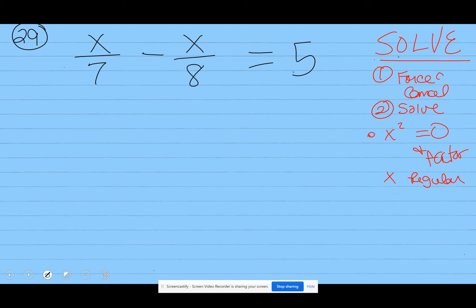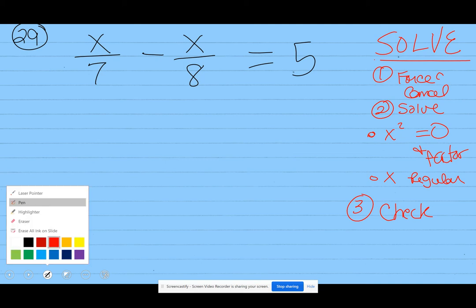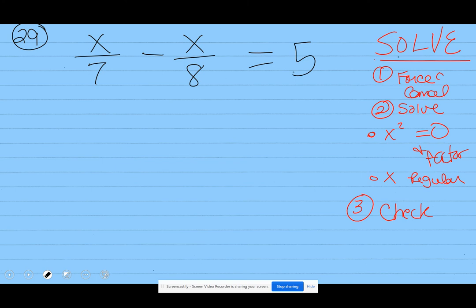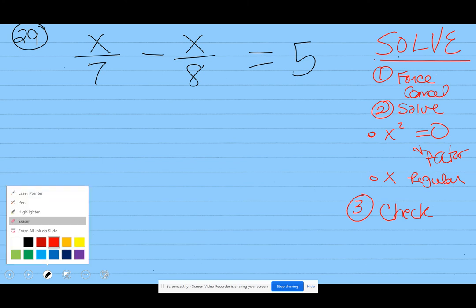Those are bullets. There's a bullet, that's a bullet. And then step 3, we have to check. So we force cancel, we solve based on whether it's an x or an x squared, and then we check our answer.